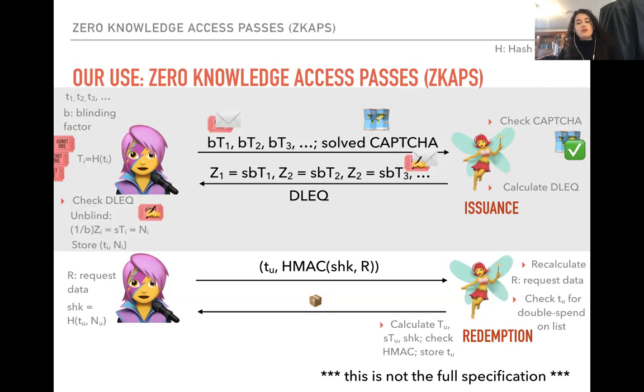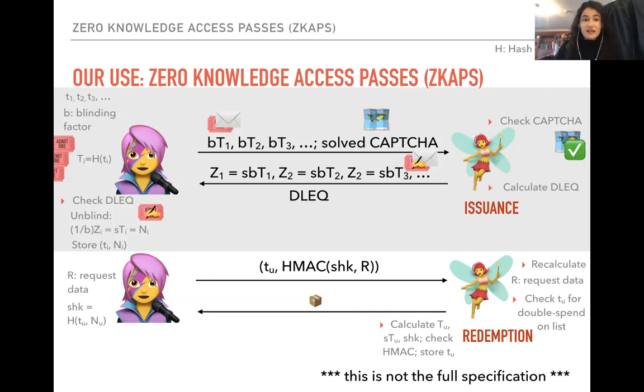Then it checks the HMAC, and if that works, it knows this user issued this token and the token is not yet spent. So it stores the TU value to prevent double spending and provides the service.